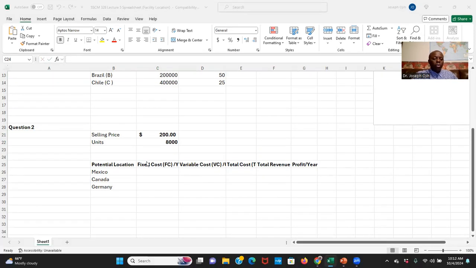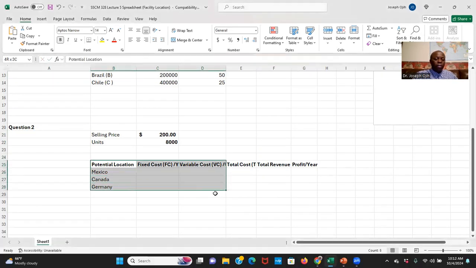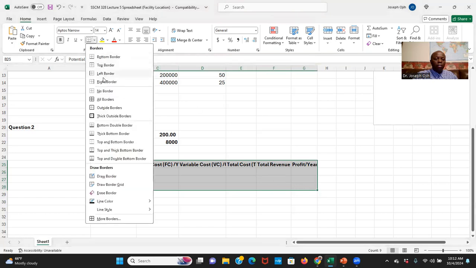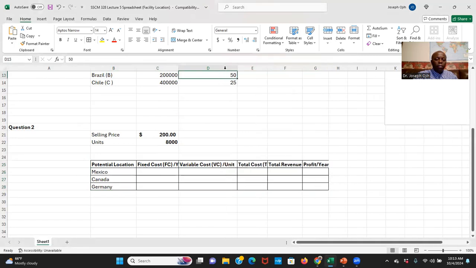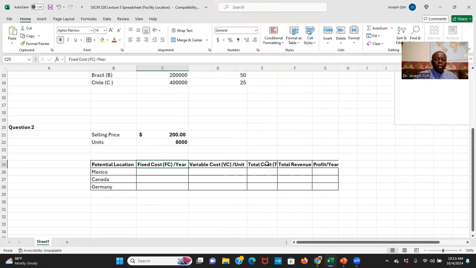Now we need to put the data for all this so you can answer the rest of the question. Let me make this more clear. We need to find the answer for all this. Fixed cost per unit. Total cost.